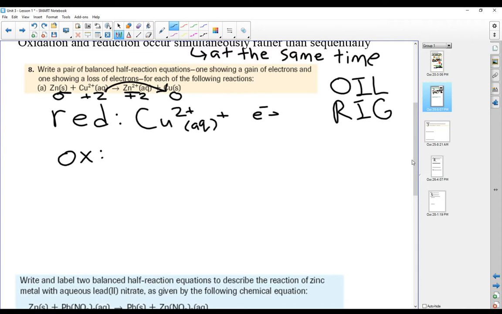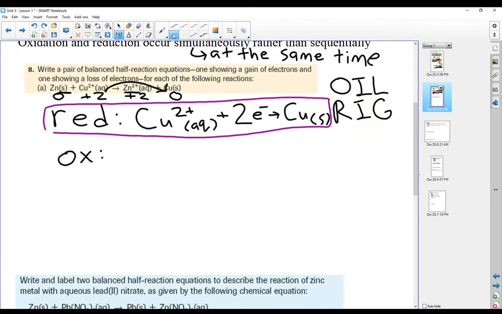Electrons produces Cu solid. How many electrons do I need to convert copper 2+ to copper solid? I need 2. That is my reduction half reaction here, so I'll put a square around it.